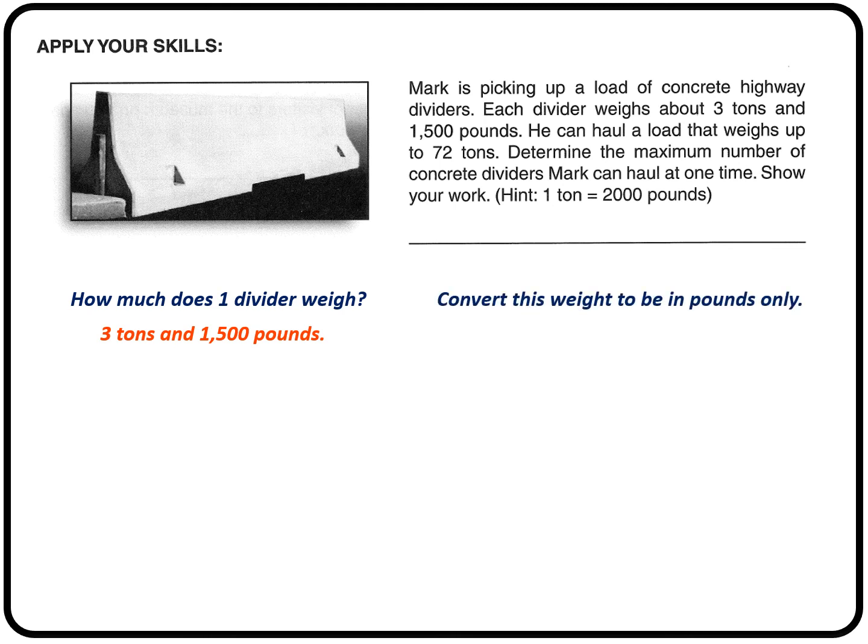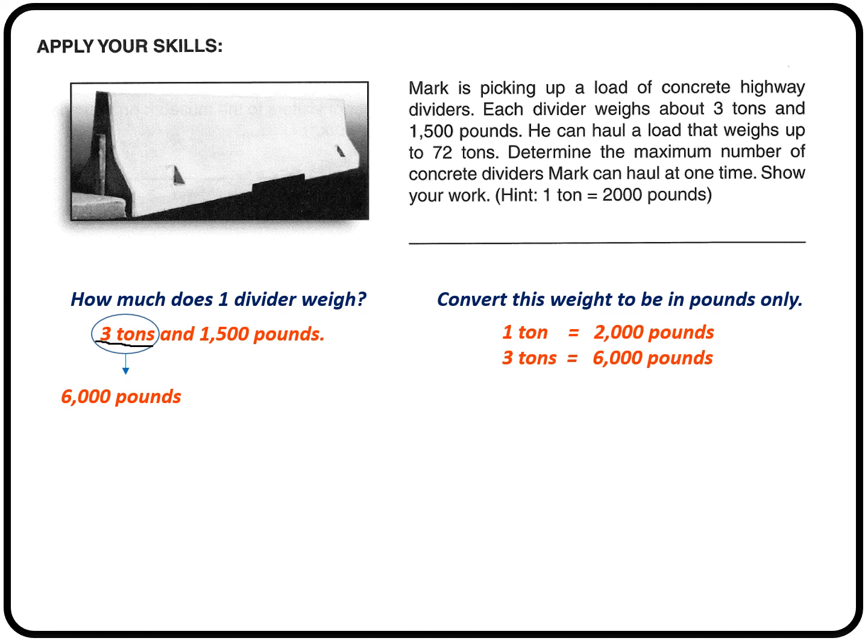Convert this weight to be in pounds only. So we have part of this weight already in pounds, but the 3 tons is not in pounds. So we have to convert 3 tons into pounds. 1 ton equals 2,000 pounds. 3 tons is going to equal 6,000 pounds.